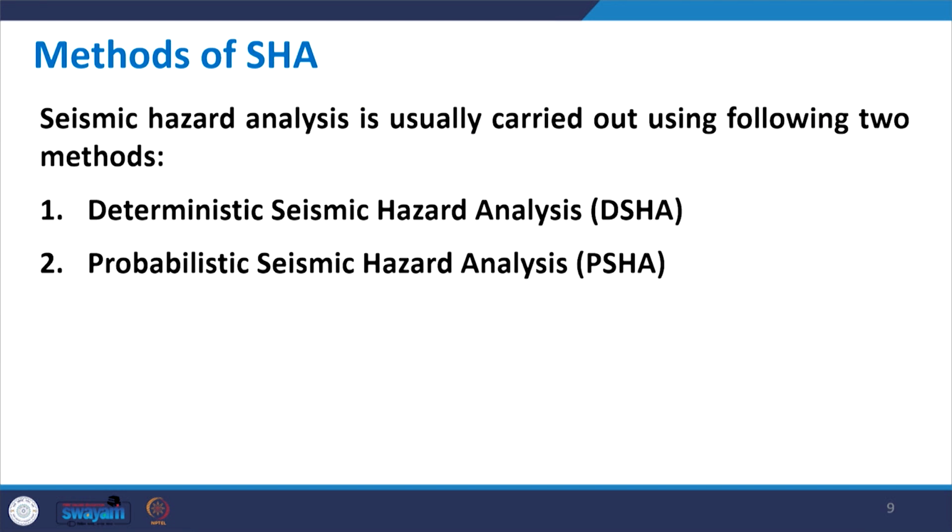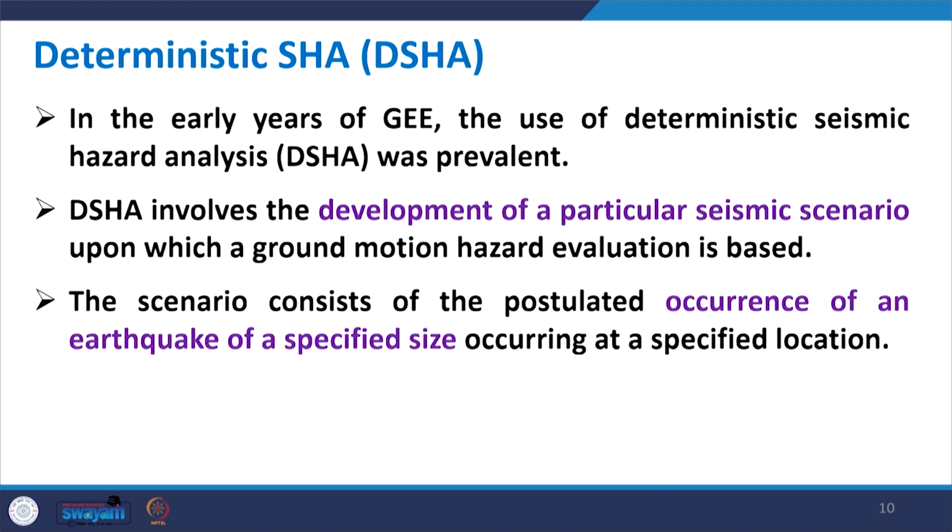Now, as already discussed, there are two methods of seismic hazard analysis. One is called deterministic seismic hazard analysis, DSHA, and another is called probabilistic seismic hazard analysis, PSHA. In this lecture and the next lecture, we will be using these abbreviations DSHA and PSHA frequently.